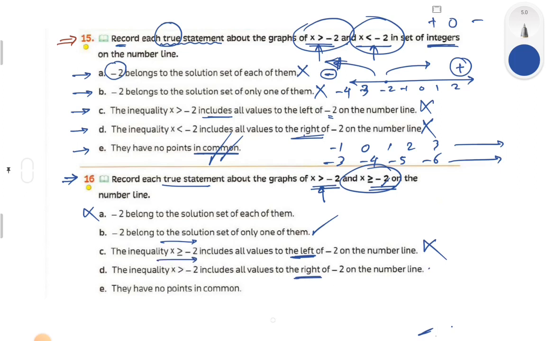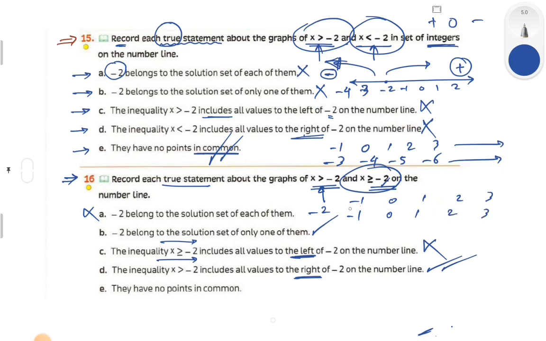That's right. They have no point in common. Note with me, x greater than negative 2, so negative 2 does not belong. Start with what? Greater than negative 2: negative 1, 0, 1, 2, 3. Okay, x greater than or equal: I will start with negative 2 because we have equal here, and then negative 1, 0, 1, 2, 3.